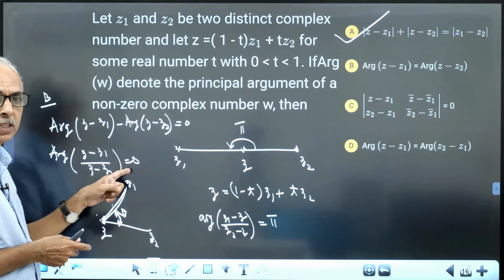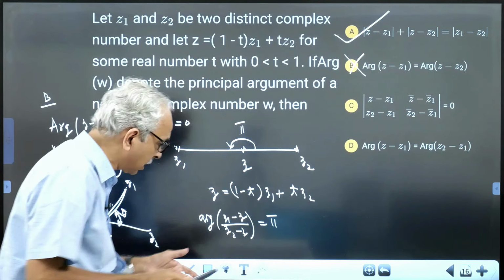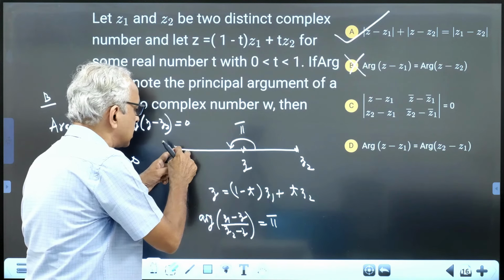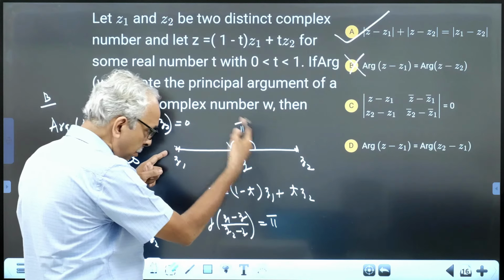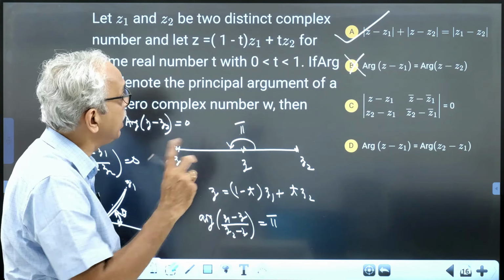Actually it is given that it is 0, therefore the statement is wrong. B is not correct. The correct value of argument of (Z1 minus Z) by (Z2 minus Z) is actually pi. Therefore, B is not the correct answer.